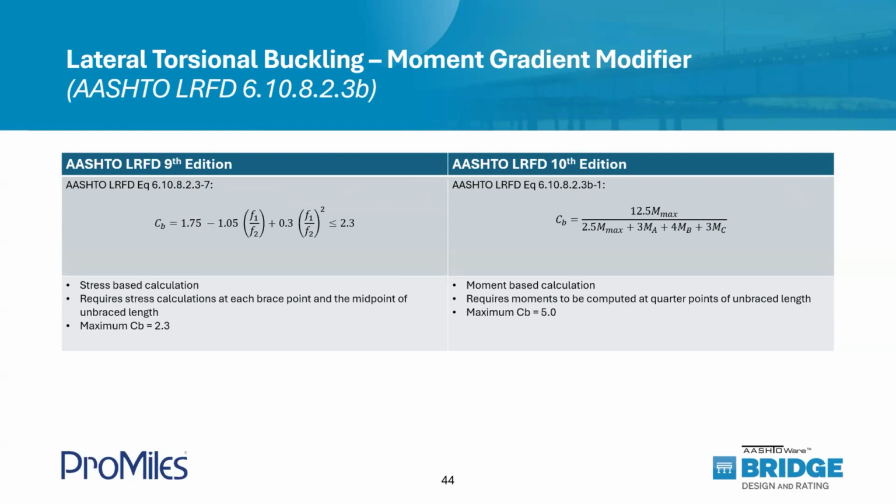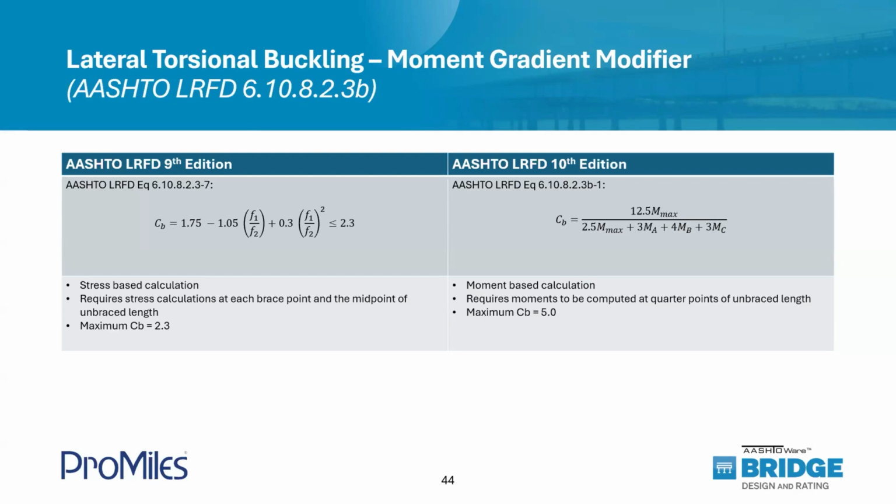And then the way that this CB equation is defined in the AASHTO specs, the quarter point moments, MA, MB, and MC, may be taken as 0 under some circumstances based on your flexure and then whether the top flange is continuously laterally braced. This can lead to a calculation of a CB factor as high as 5.